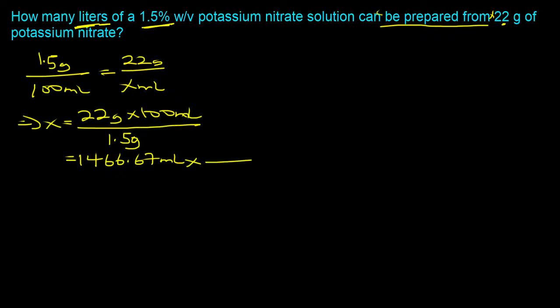We make use of the conversion factor that 1,000 milliliters gives us 1 liter. The milliliters cancel out and we end up with 1.47 liters. So that's how you solve this question. Let's take a look at the next question.